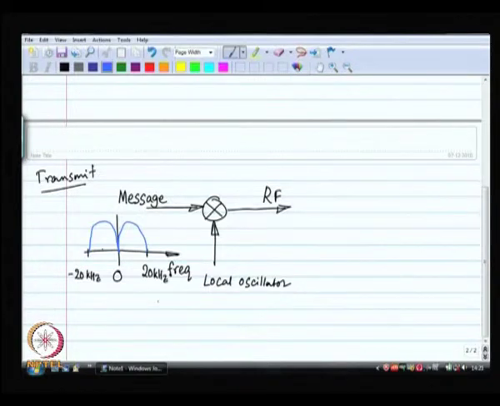It is going to be restricted to 20 kilohertz, because human speech or even music does not contain frequencies beyond 20 kilohertz, and there is also a lower cutoff. The lower cutoff is around 20 hertz, 40 hertz, something like that. You normally do not hear frequencies below that.